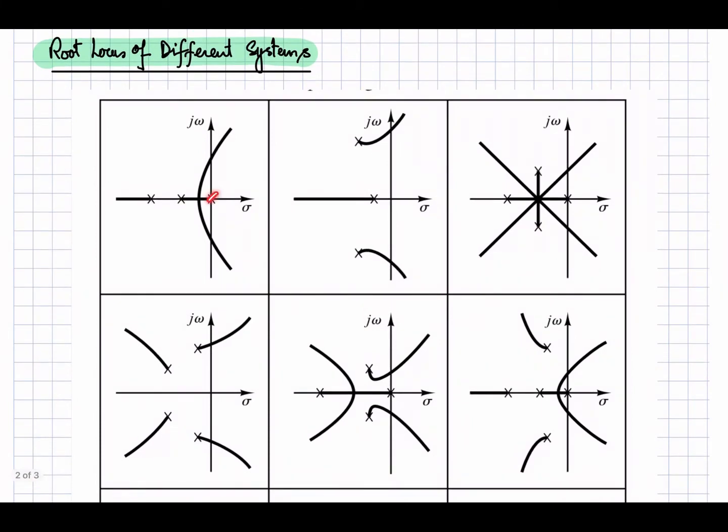Let's suppose that we have 3 poles, and we know that the real axis between 2 poles or zeros will be part of the root locus if on the right hand side of that point there is an odd number of poles plus zeros. So over here you can see there is an odd number, 1, so this is the real part.